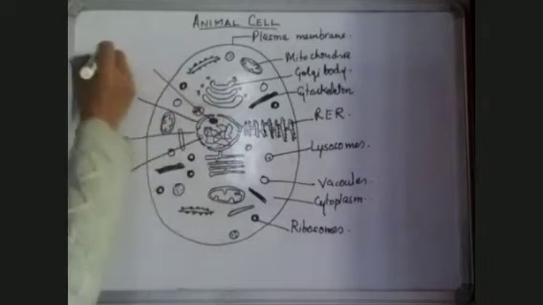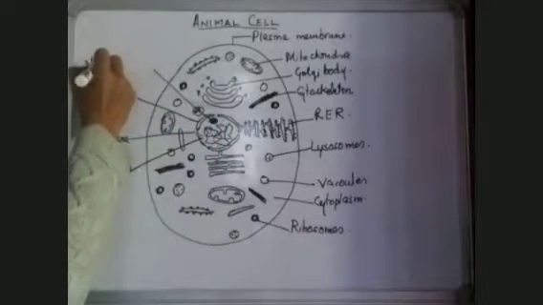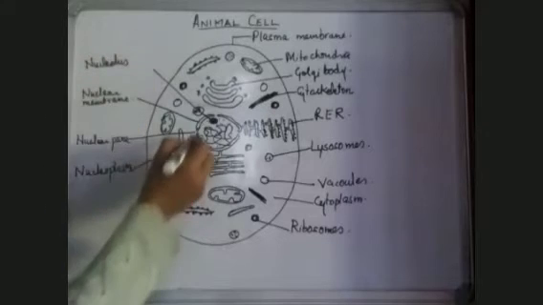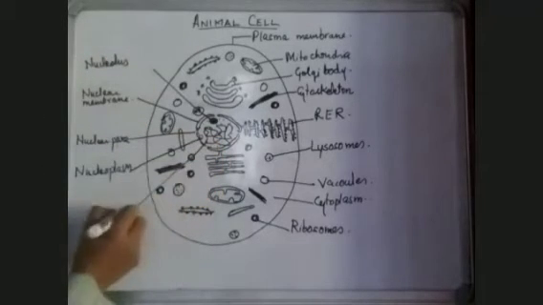This dark body is nucleolus. And this is chromatin fiber.